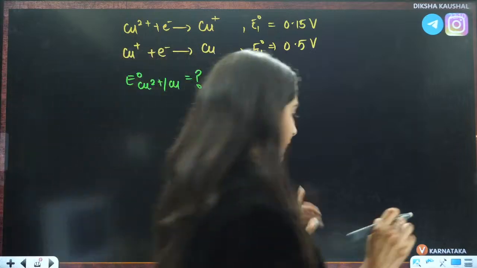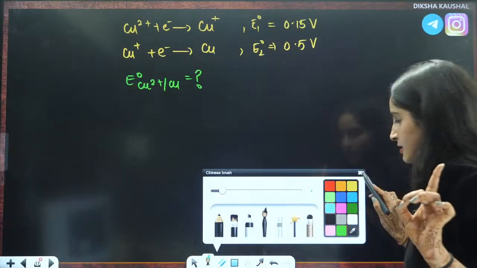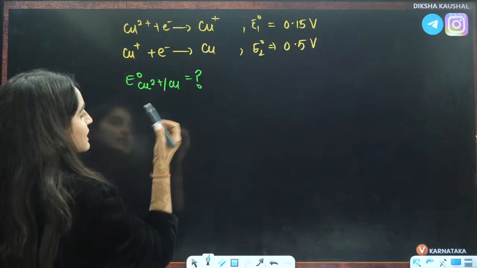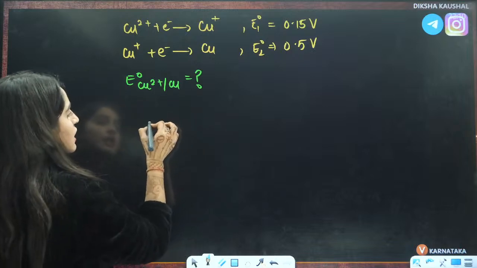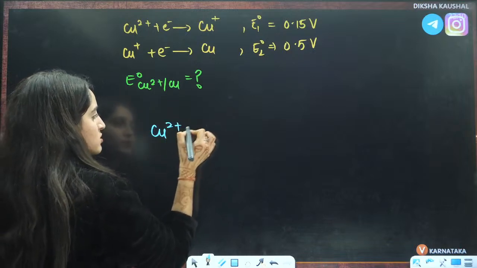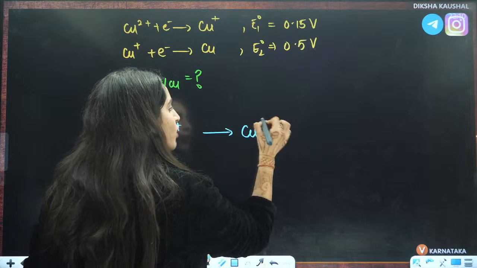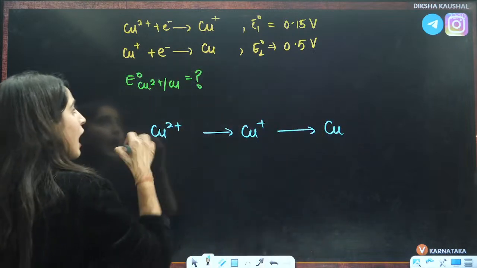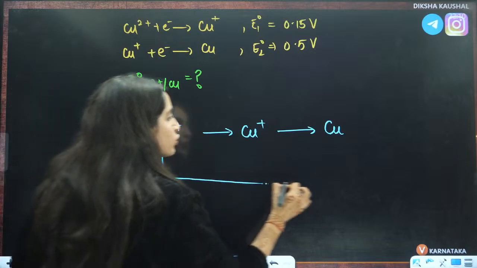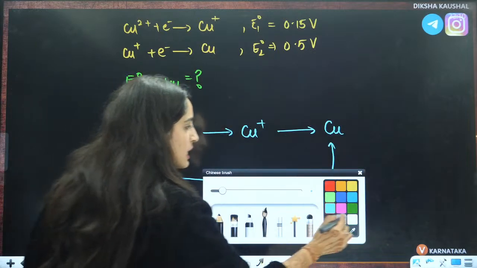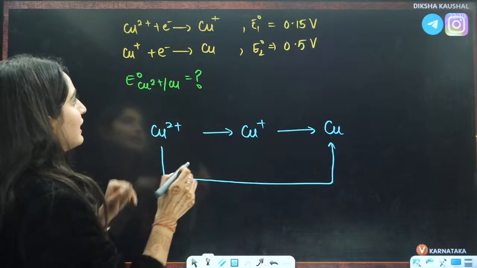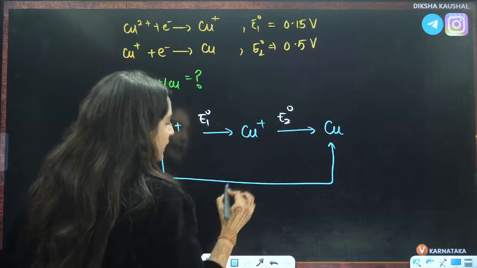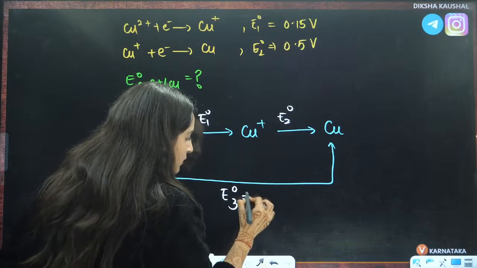Now remember one thing, firstly make the chart of this thing. The chart is from Cu2+ to Cu+, then Cu+ to Cu, and they are asking you directly from Cu2+ to Cu. If I take it as 1, 2 and 3, E1 is given to me, E2 is given to me, and E3 they are asking.